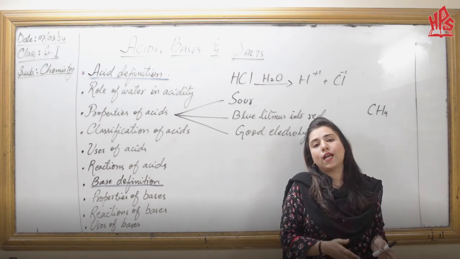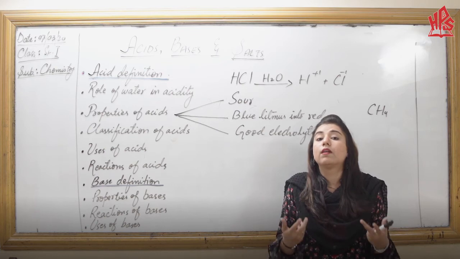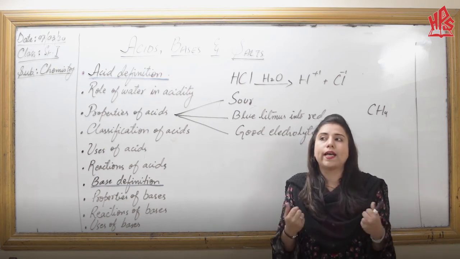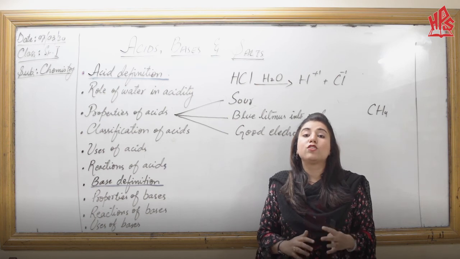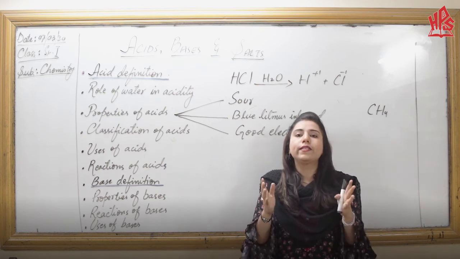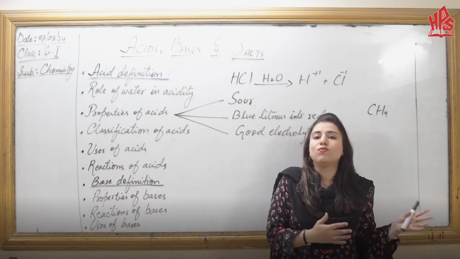Another way of classification is strength, how powerful an acid is. There are certain acids which are called strong acids and some acids are called weak acids.